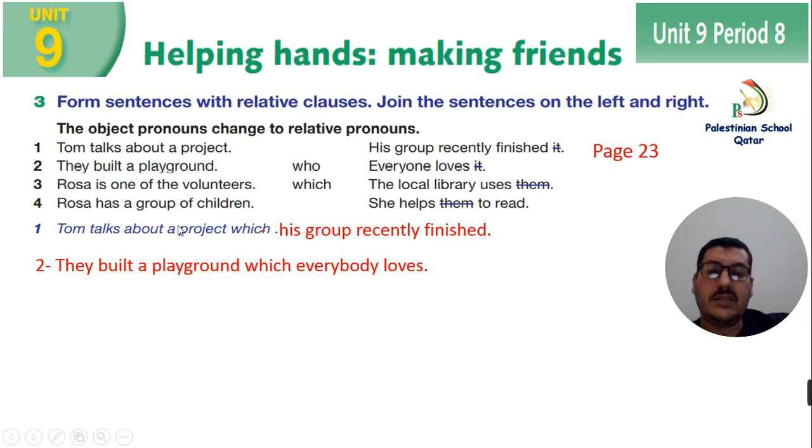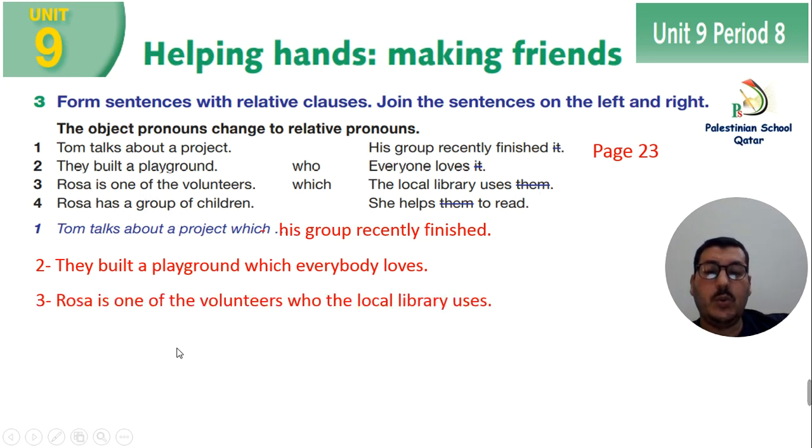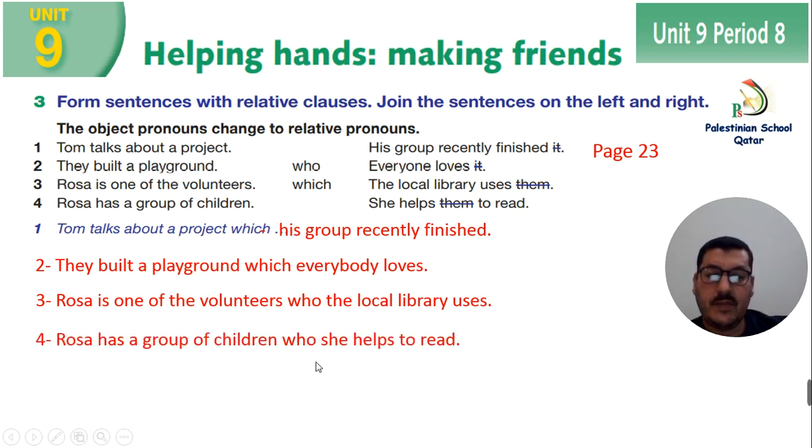Rosa is one of the volunteers who the local library uses. And number 4, Rosa has a group of children. She helps them to read. So we remove them also because they refer to children and we put who. Rosa has a group of children who she helps to read.